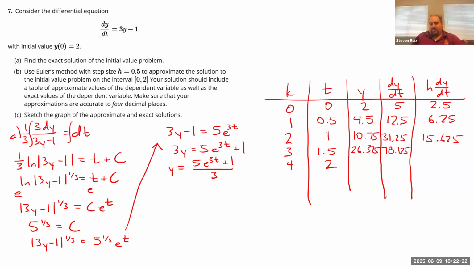If I divide that by 2, that gives me 39.0625. That's my change in y. So I'm going to add that to my previous y, 26.375, and that's 65.4375.